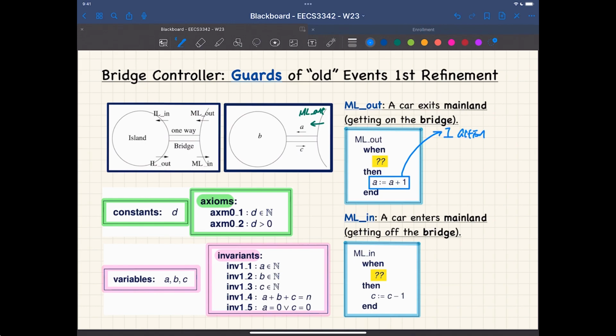But to be more precise about the effects, it really means you only list the action that's going to modify the value of the states. In this case, we're going to increment A to let A become its pre-state plus 1. Right? So the corresponding before-after predicate should be A prime equals A plus 1.